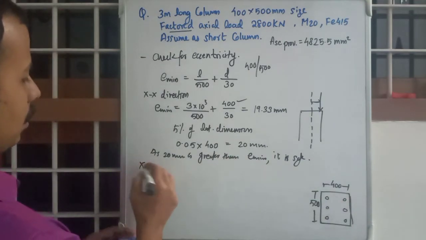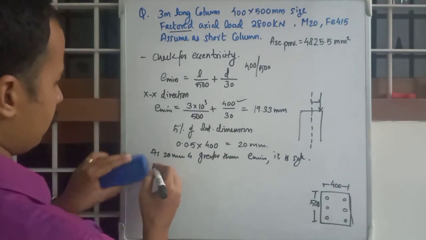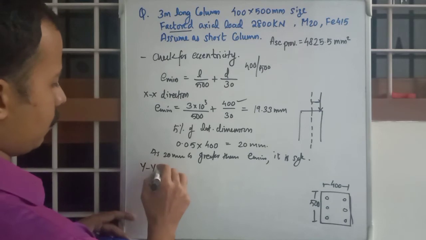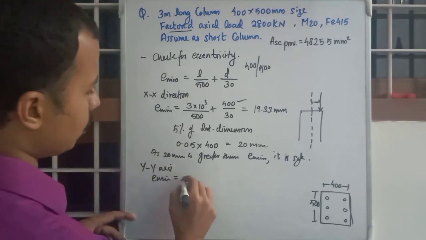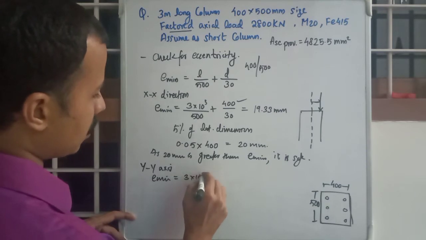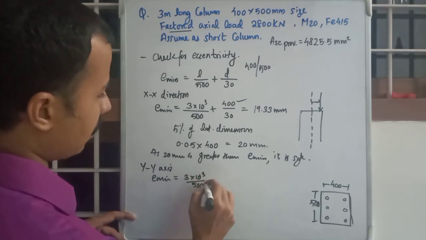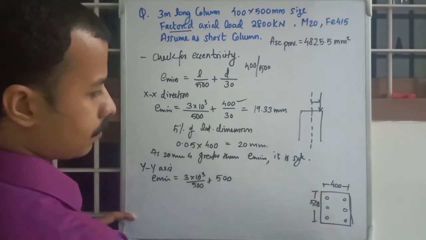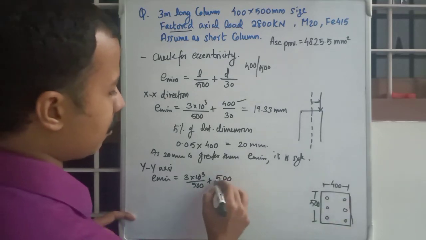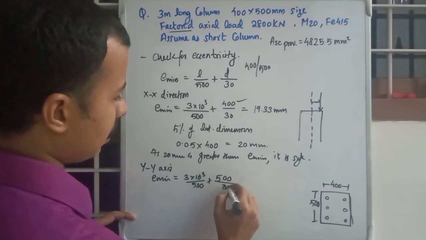Next one, the y axis. Same thing, E minimum is equal to 3 into 10 raised to 3 by 500, plus the next one, in this direction, 500 by 30.